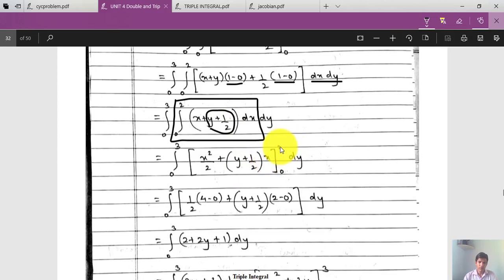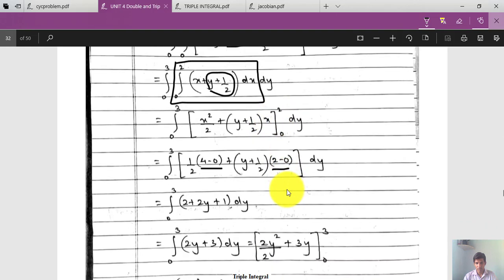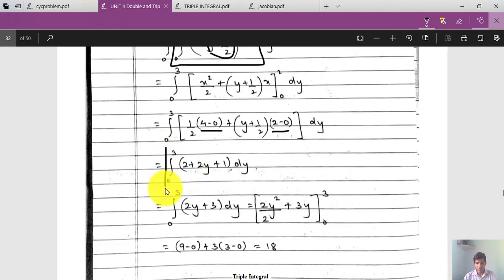Evaluating over the upper limit and lower limit, I take 1 by 2 outside. The upper limit is 2, and the lower limit is 0, so it is upper limit minus lower limit. I keep the constant as it is and evaluate it for x. Finally I get this integral, which I evaluate over 0 to 3 with respect to dy.